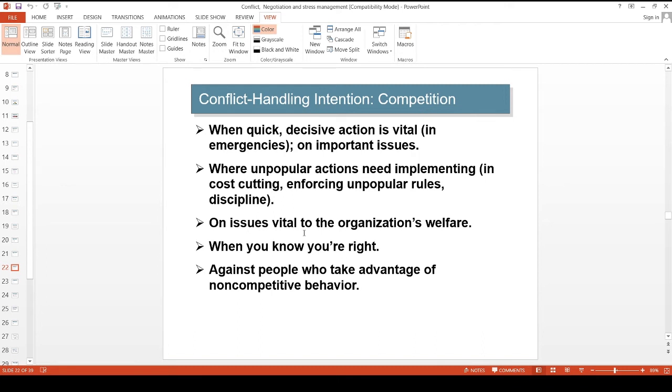Again, sometimes a win-loss situation should be adopted for those people who are non-cooperative in nature. In that particular sense, we have win-loss decisions which are inclined towards that competing strategy which we have earlier discussed.